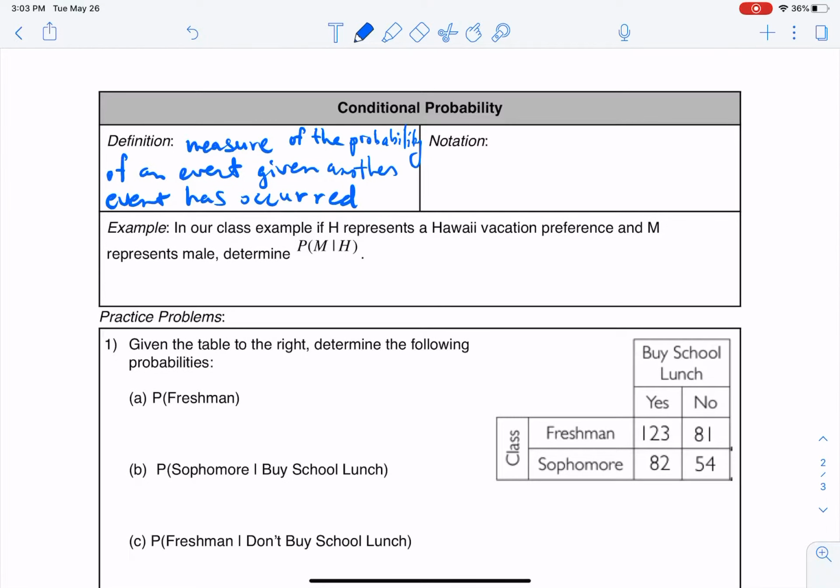So the notation that we use to describe this is P for probability and A line B. What that means is the probability of event A given event B occurs.